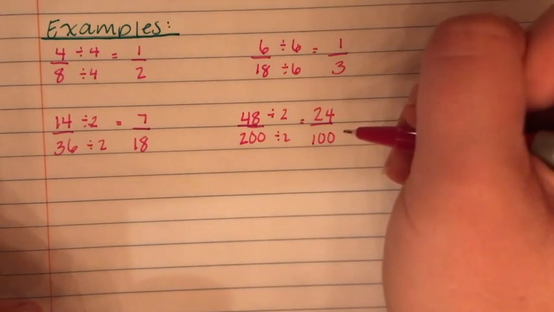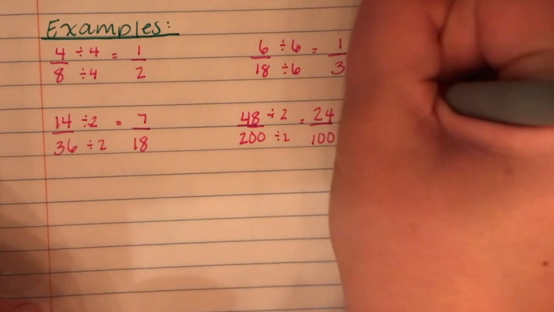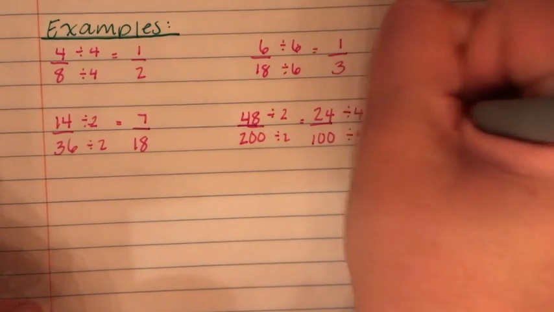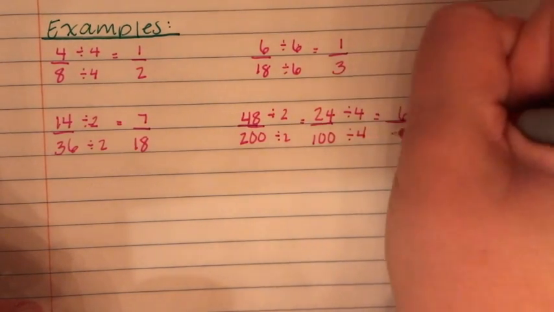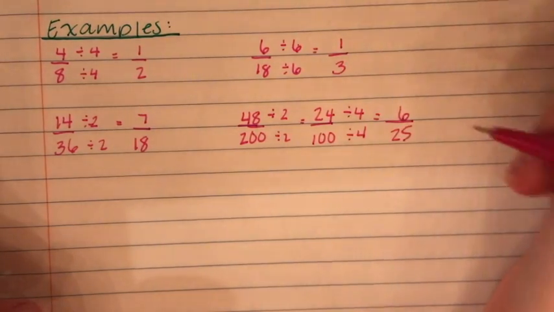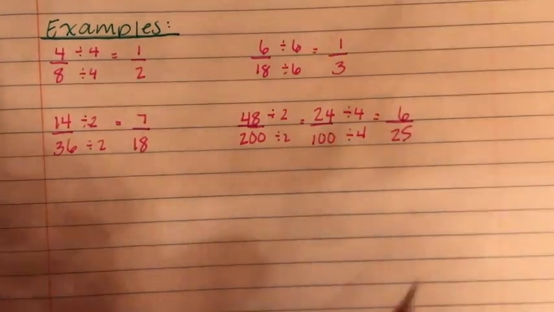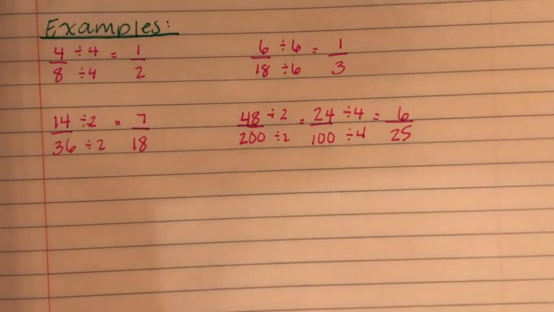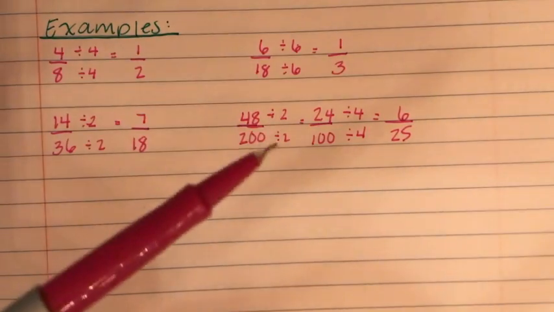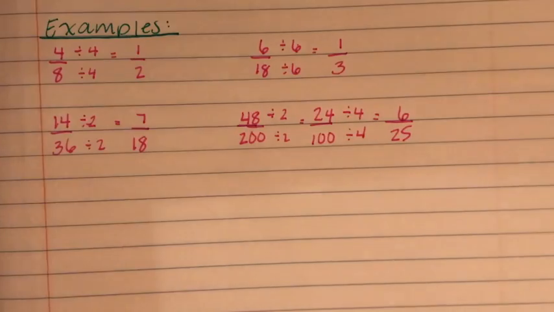Let's say now looking at these, I know that 4 is a common factor. I get 6/25, and the only common factor now is 1, so I'm done. So you don't need to divide by the biggest thing to start out. That's definitely the quickest way to do it. But if you don't see it right away, just divide by a number that you know goes into it, and then keep on dividing until it can't be divided anymore.